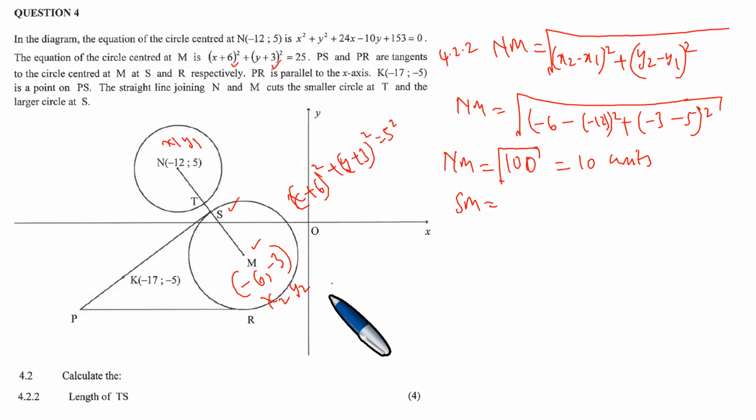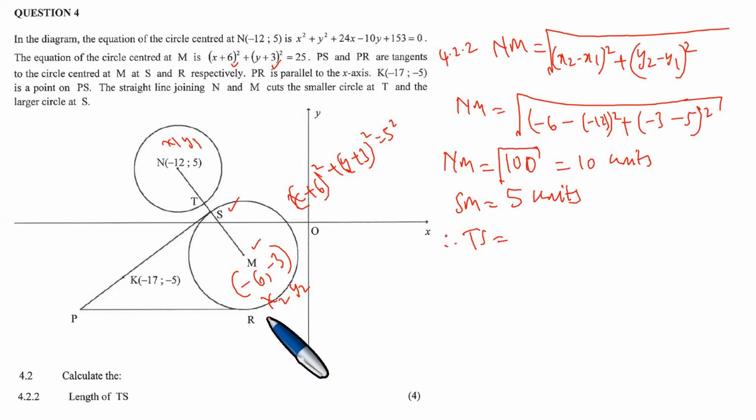So it means that this is the radius. Obviously, it means now if you want to find SM, it is actually 5 units. Okay, take the base of the square. Then you have TS.